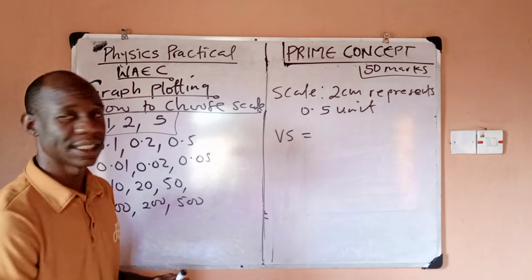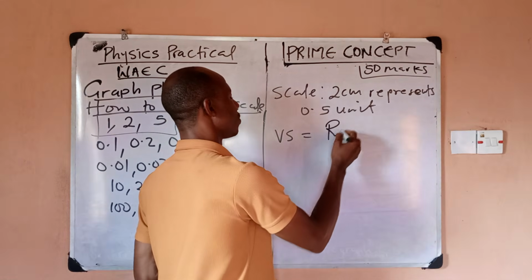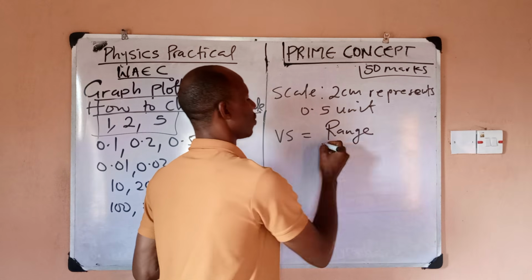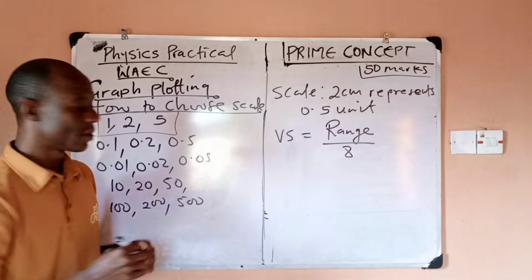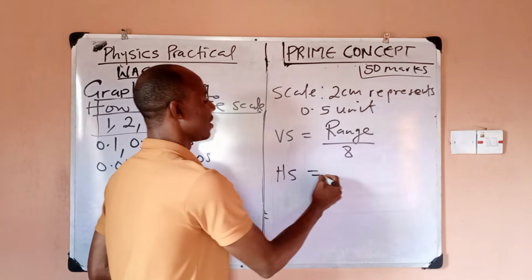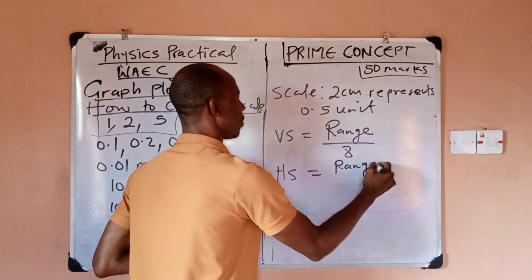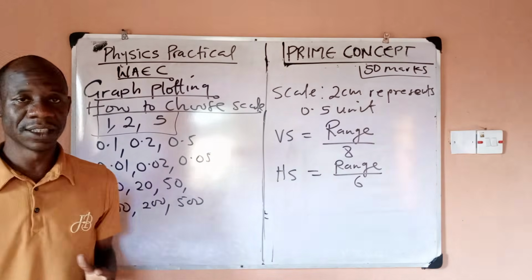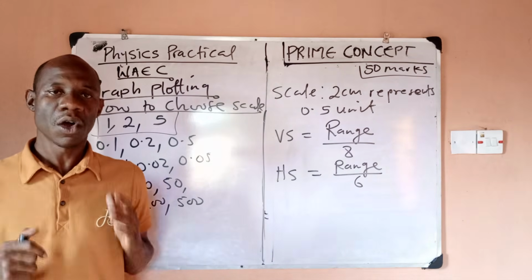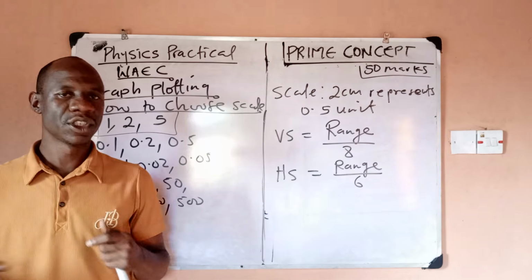For your vertical axis, it is range over 8, and for your horizontal axis, it is range over 6. So these are the 2 formulas you need to get scale under exam condition.